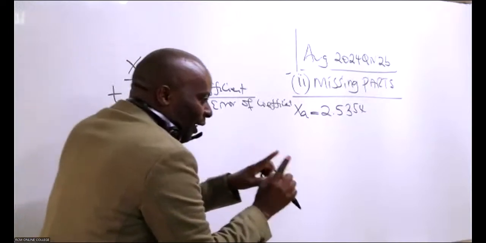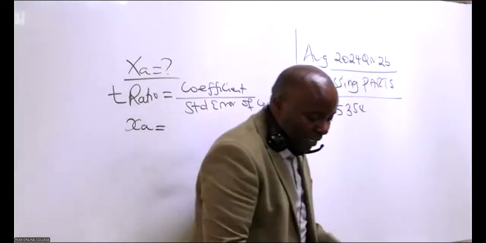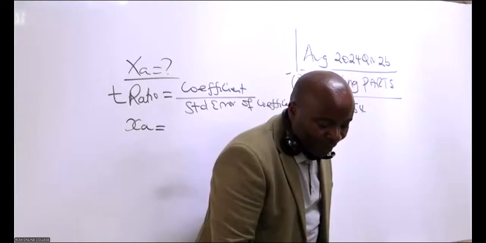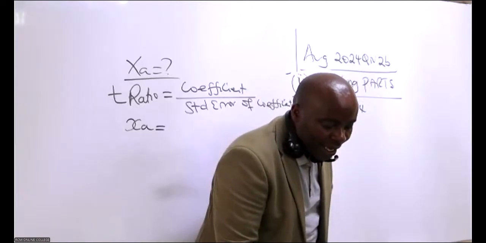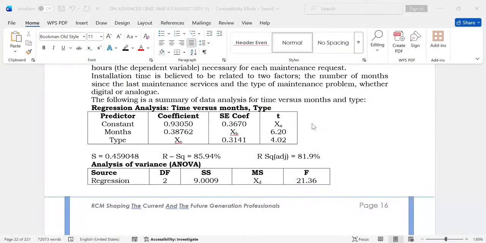Where you are able to see XA, are you able to see the corresponding coefficient? Where we are able to see XA is here, and this is for constant. So I can see the coefficient here, 0.93050.